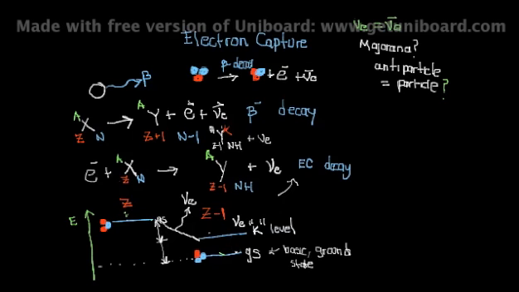Let me write with another color. Here we have a difference of energy, and here we have another energy. The energy of the neutrino is involved in this area.